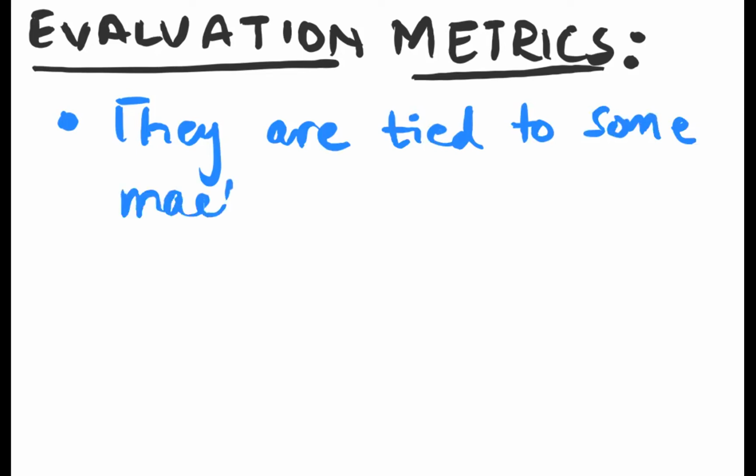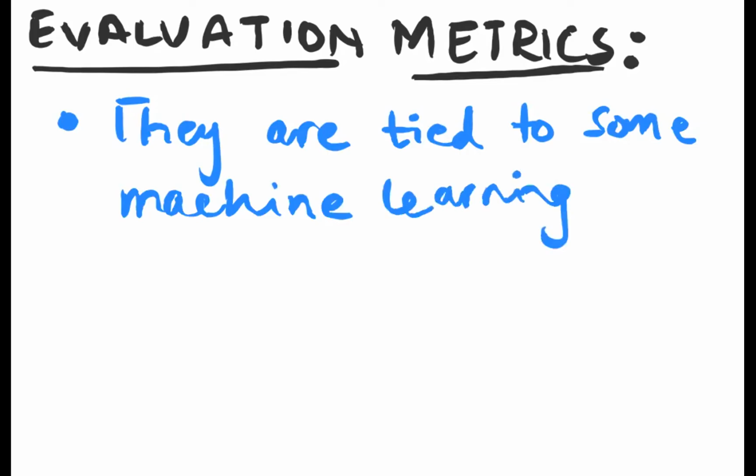There are some evaluation methods which are general enough and can be applied to many different tasks. But generally, if you have a very specialized task, then you want a very concrete evaluation metric to judge your model.